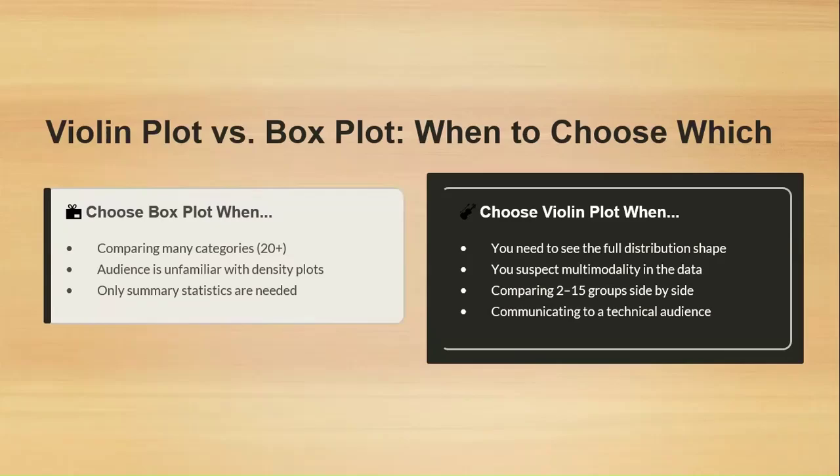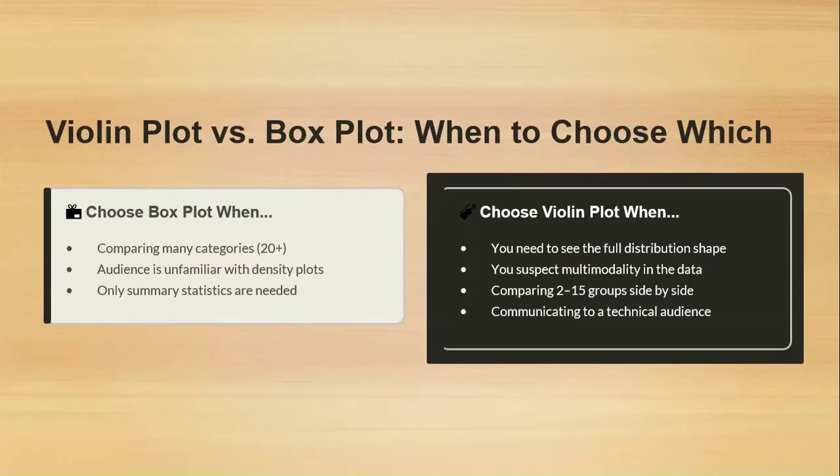Next, I will discuss violin plot versus box plot. Both box plots and violin plots are useful, but each serves a different purpose. Box plots are simpler and work well when comparing many categories or presenting results to a general audience.